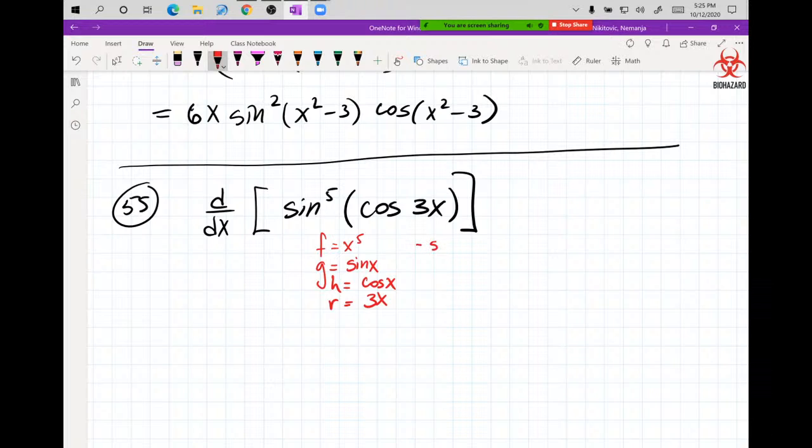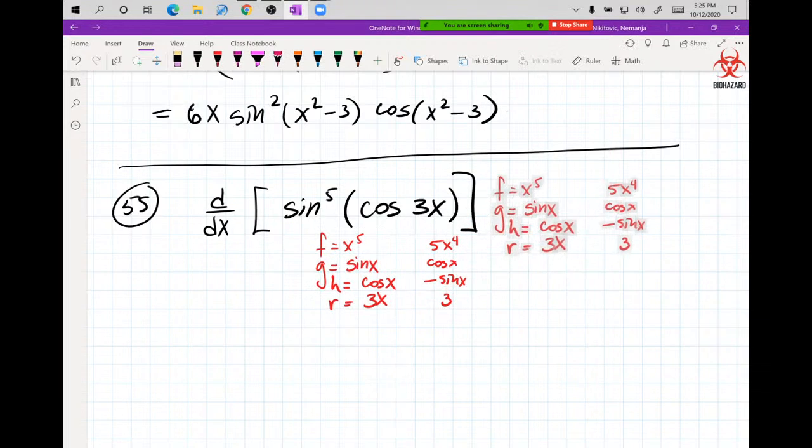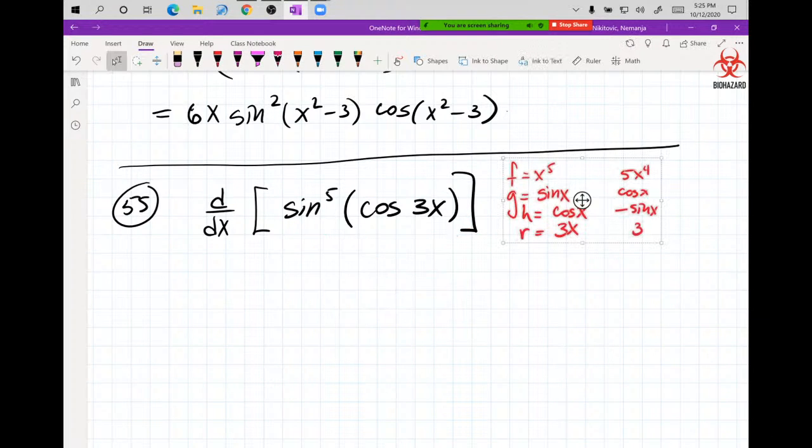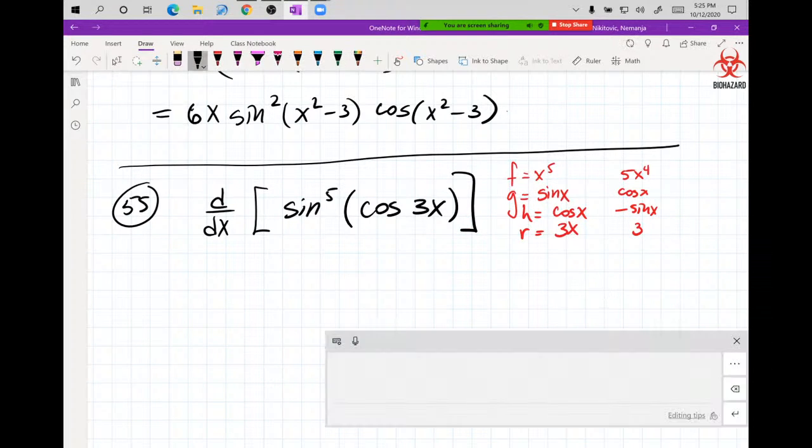So the derivatives are 5x to the 4, negative sine x, and just 3. So we should be able to work all of this out. Actually, I'm going to move this aside. And let's get the answer.